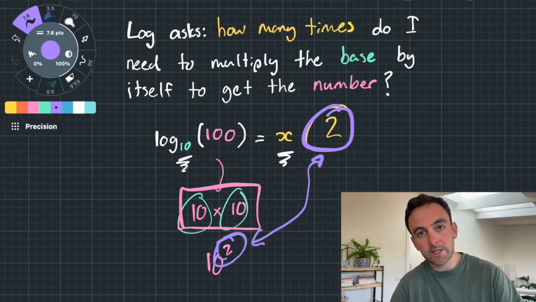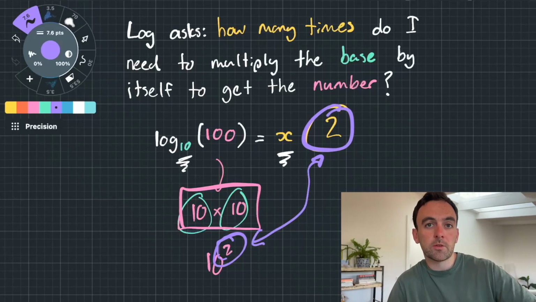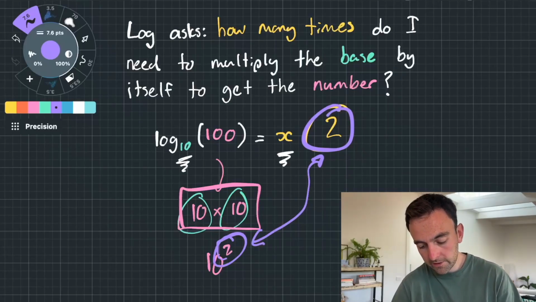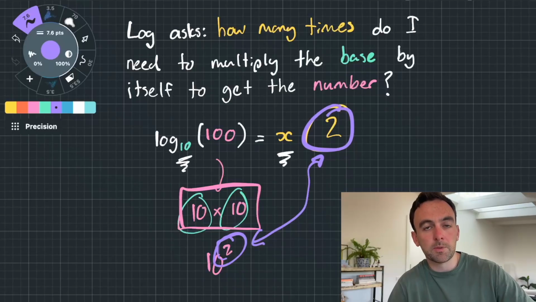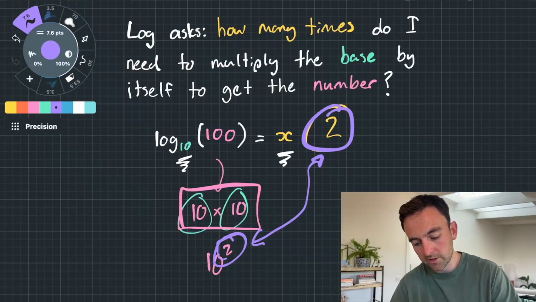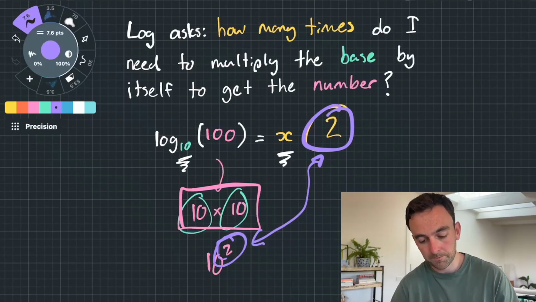If you represent the number in terms of the base with a power, then you're actually solving the logarithm just like that. And it kind of makes sense if you think about it, because what a power is doing is telling you how many times you need to multiply that number by itself. So it's very much half of the logarithm if you look at the definition of the logarithm.